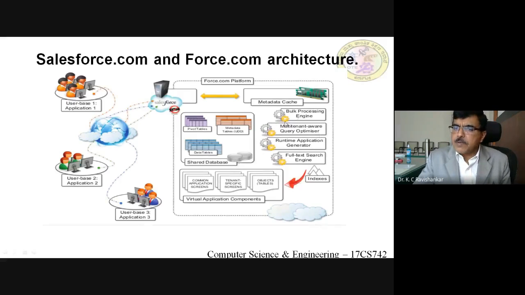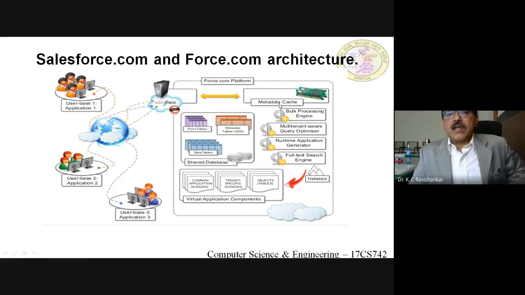There is a runtime application generator, which means a runtime environment must be provided. There is a bulk processing engine. There is queue management, how the processing of multiple tasks will be done. All that you have seen, and the caching is also there. You can understand that metadata caching is there.